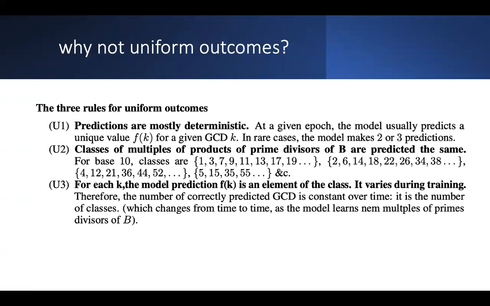What happens in this case is that the model does exactly the same as before. It fixes on one value, and it classifies the GCDs in groups: the odd numbers, or the multiples of 2, or the multiples of 4, or 5. It makes classes. It partitions all the GCDs into classes, but with a uniform distribution, it has no way to predict the smallest value.